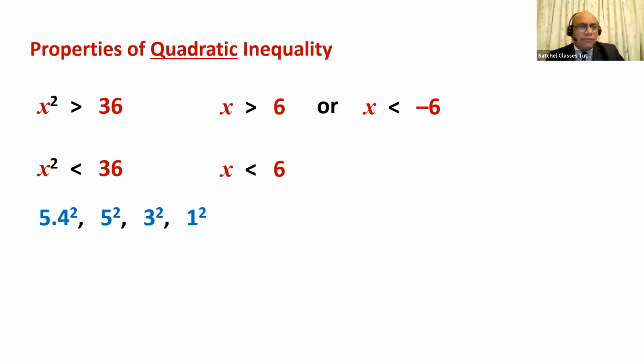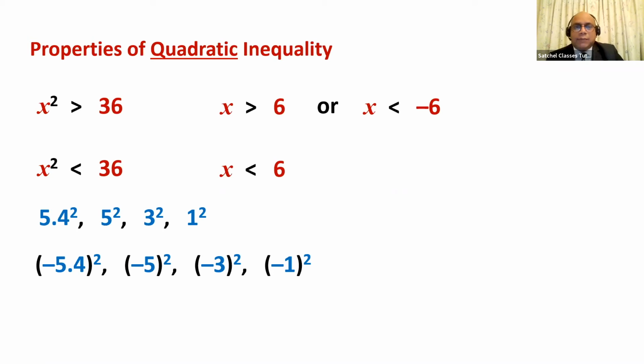But then there are some values which we are ignoring, particularly the negative values, right? Minus 5.4, minus 5 squared, minus 3 squared, minus 1 squared. They will always give you an answer which is less than 36, which means on one hand, x is less than 6. On the other hand, x could also be greater than minus 6.